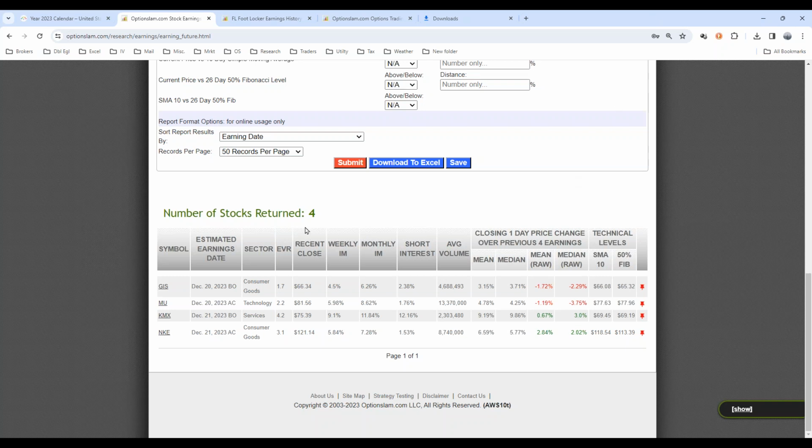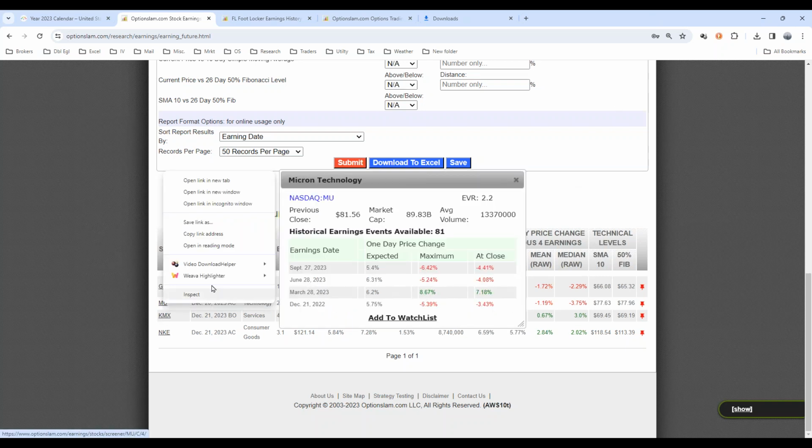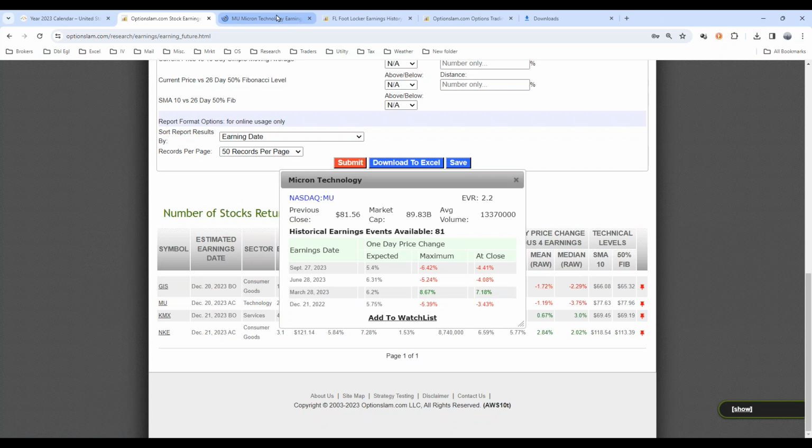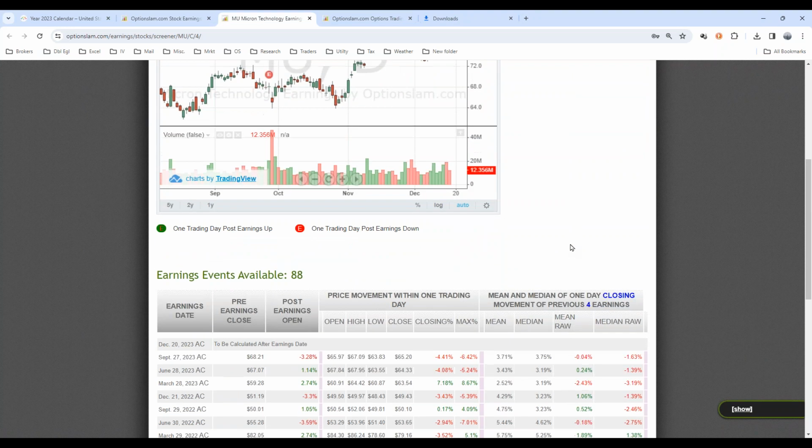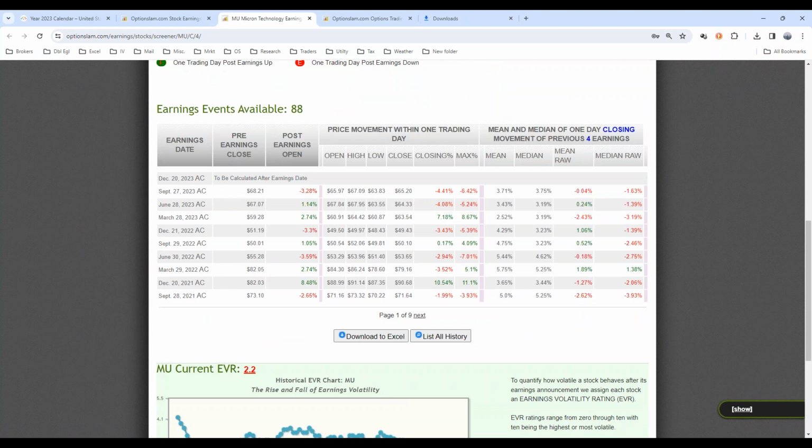All right, so let's take a look. If you just right click and open link in a new tab, it's going to take you to a Micron page where you have all of these pages available once again, and you can evaluate where is Micron.